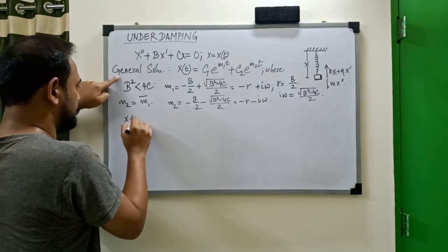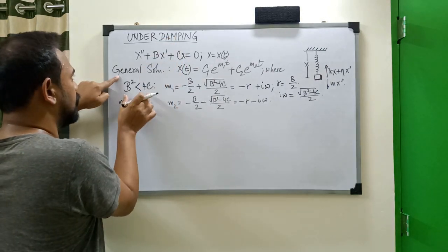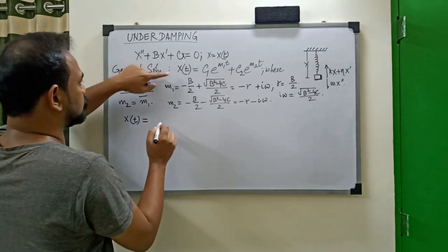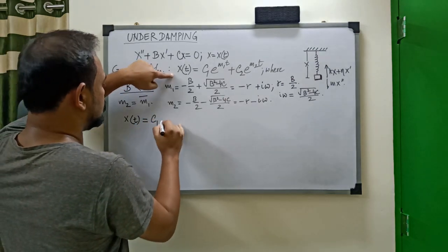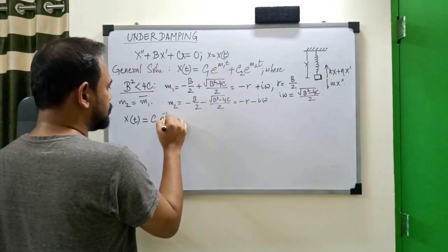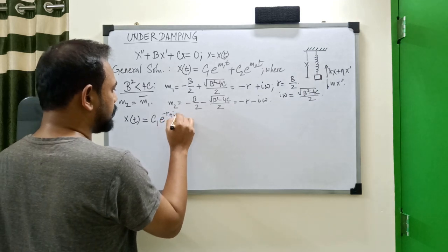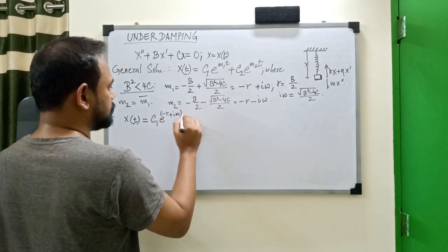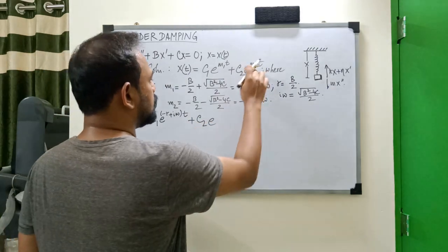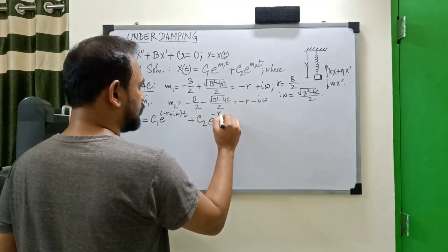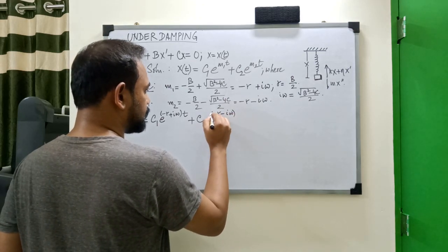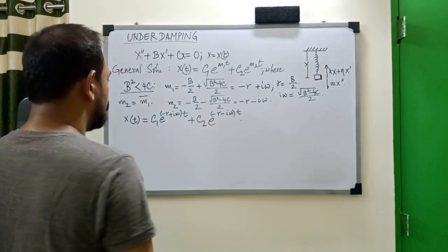In the case of underdamping, where this is the criterion, we have the general solution as C1 e to the power, for m1, I want to write this, minus r plus i omega, and then there is the t, plus C2, the second constant, e to the power, m2 is minus r minus i omega, sorry, the minus comes inside the brackets, t.